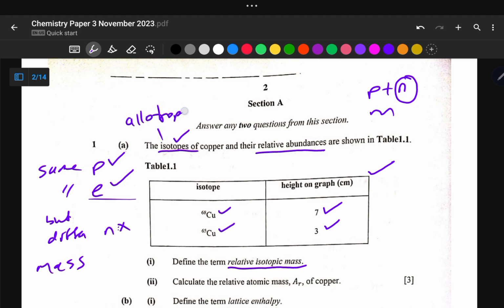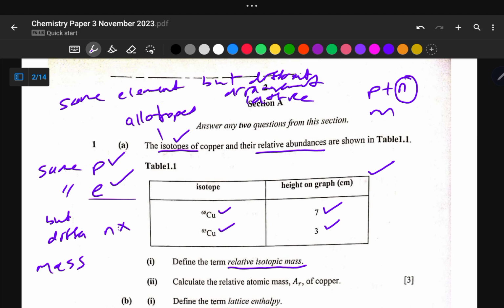Allotropes are defined as atoms of the same element with different arrangement in the lattice structure. Same element but different arrangement in the lattice structure. That's the definition for allotropes.